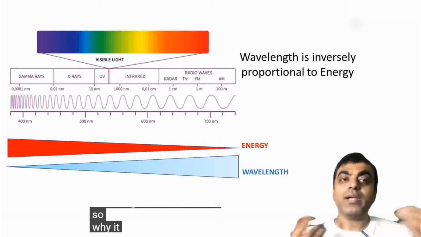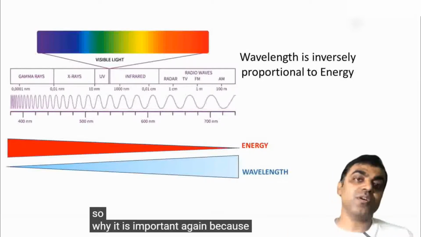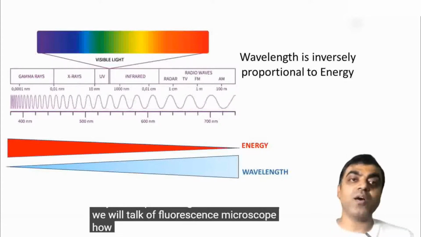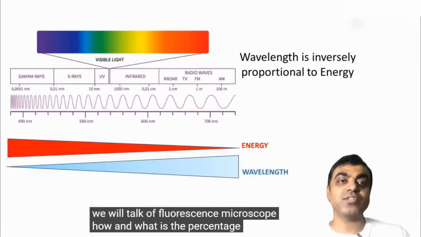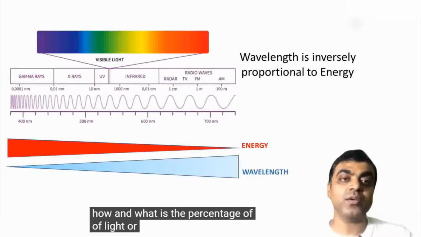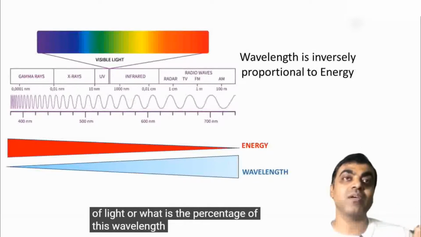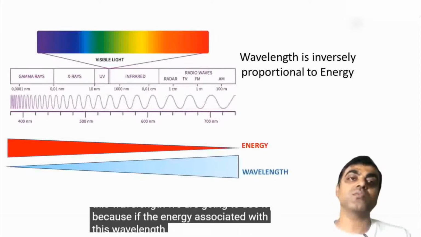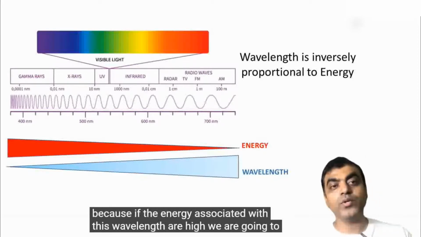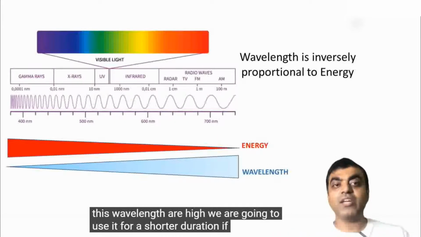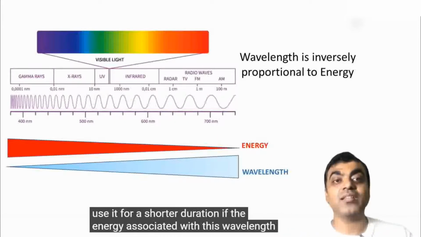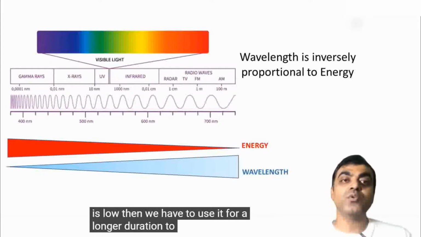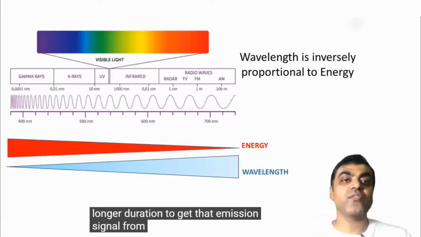So why is it important? Because when we talk about the fluorescence microscope, the percentage of light, or of these wavelengths, that we are going to use matters. If the energy associated with a wavelength is high, we use it for a shorter duration. If the energy is low, we have to use it for a longer duration to get the emission signal from the fluorophore.